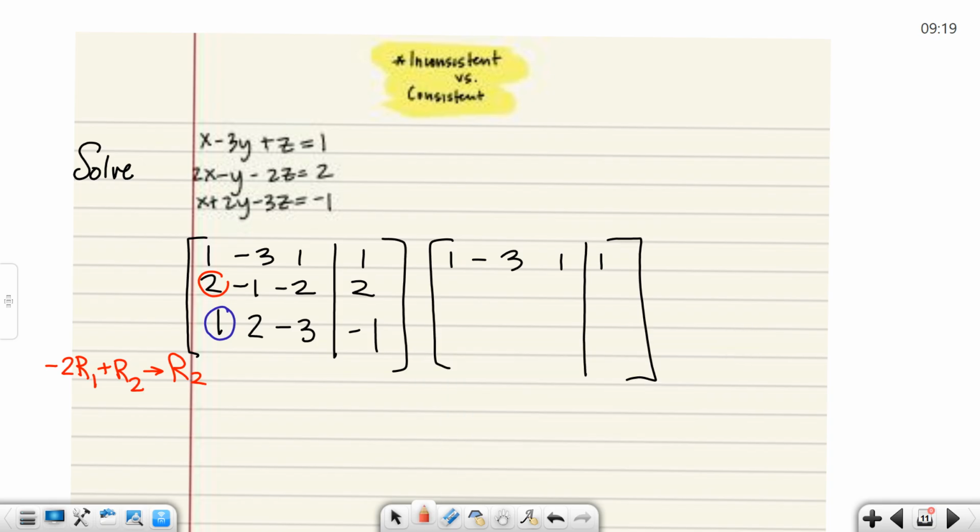Okay, so when I get my new row 2, that's how it should look.